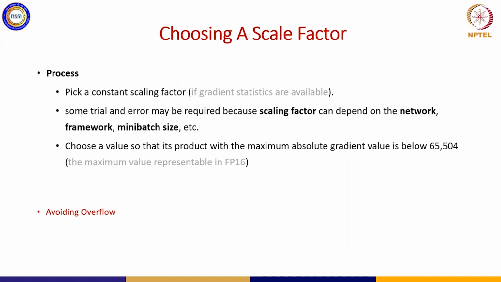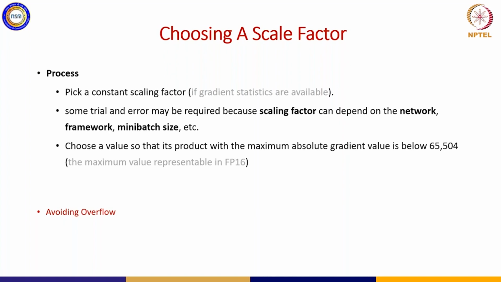Or you can use some brute force method, which you refer to as trial and error, to test if the particular scaling value that you pick will not run into overflow.